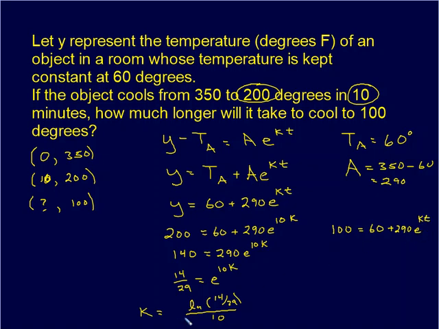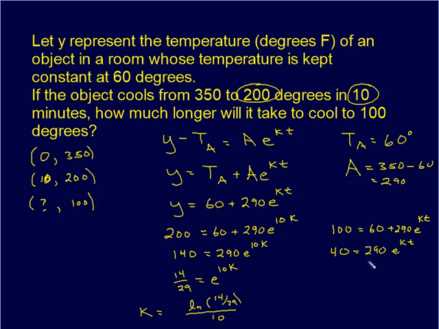And I'm not going to write that whole expression in for the K. We understand that we know what it is. And so we'll subtract the 60 from 100 and get 40 this time, equals 290 e to the KT.